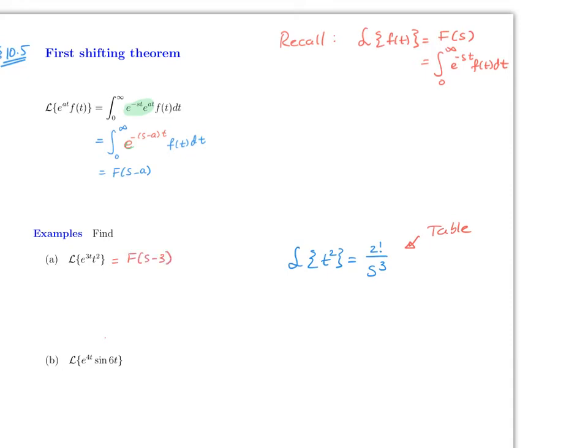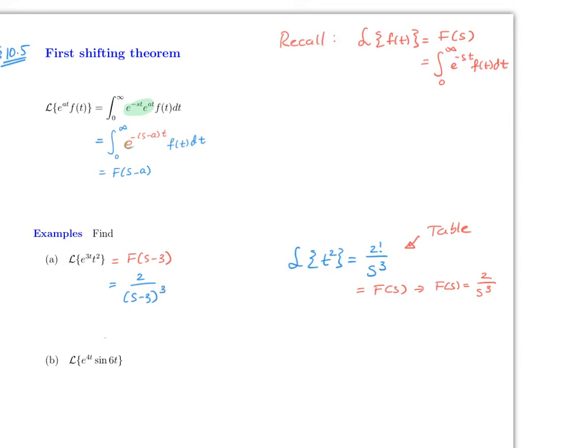Now remember that this is just F of s. So for our particular example, F of s is equal to 2 over s cubed. Therefore, F of s minus 3 will be 2 over (s minus 3) cubed.